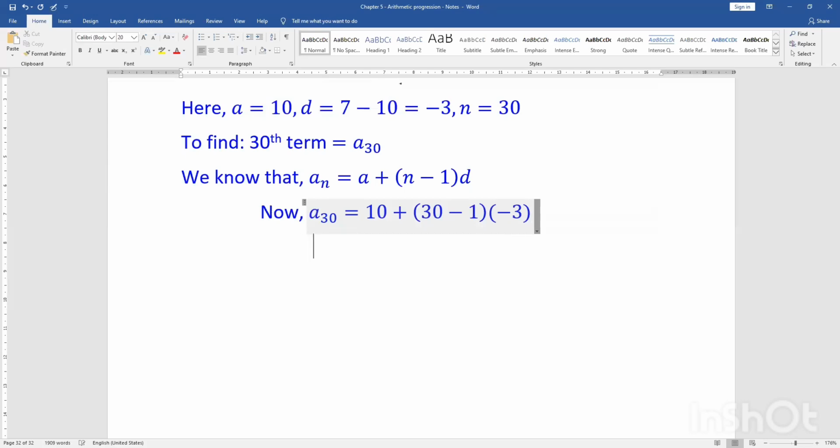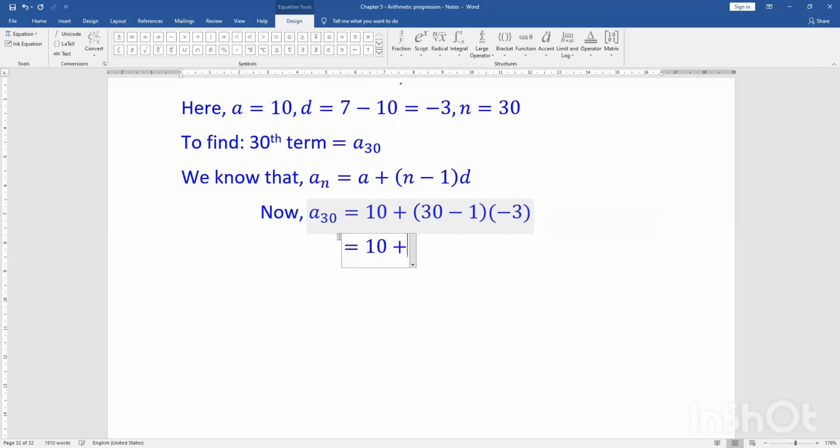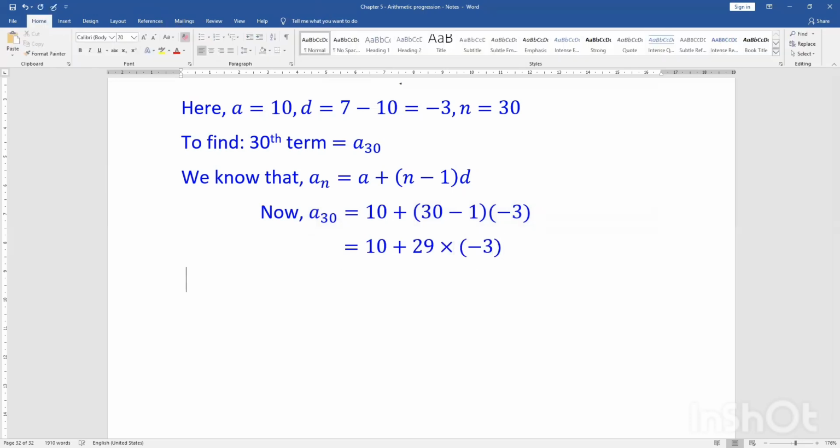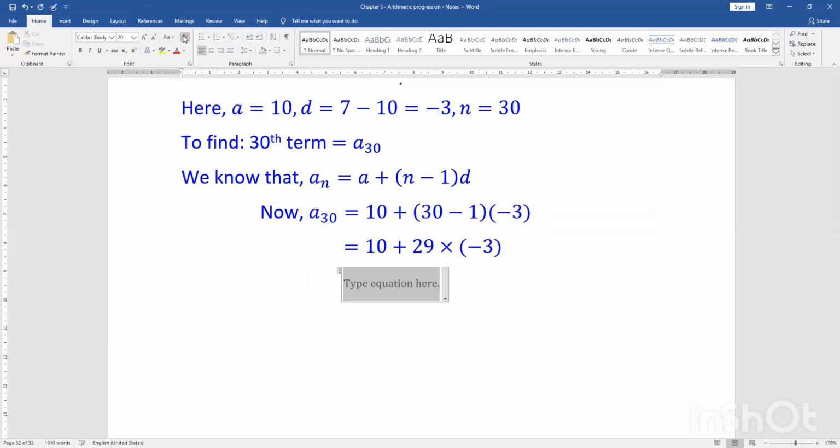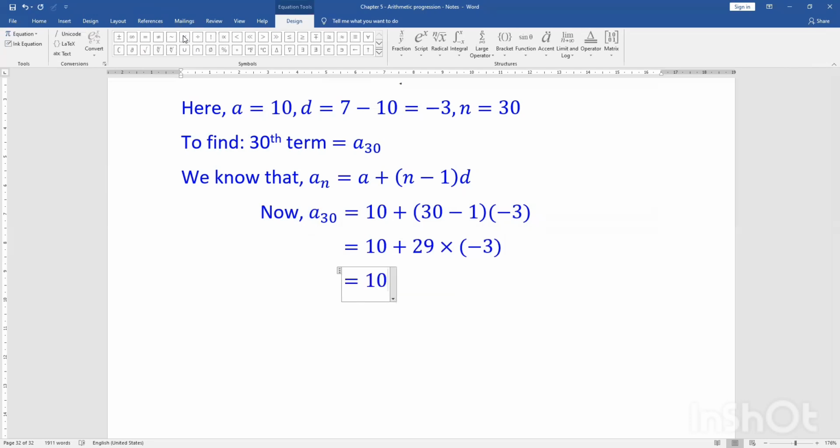Then the next step: equals 10 plus 30 minus 1 is 29, 29 into minus 3. It's equal to 10 plus, 29 into minus 3 is how much? Minus 87.